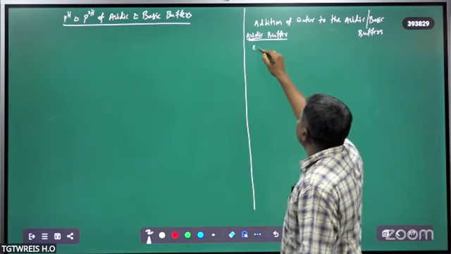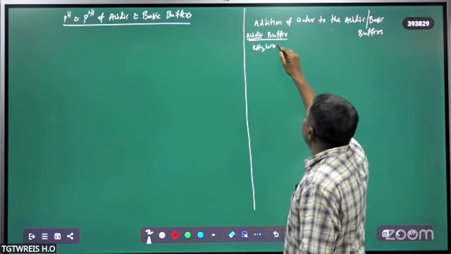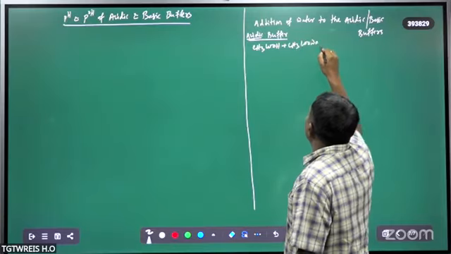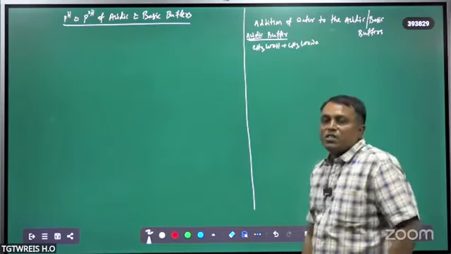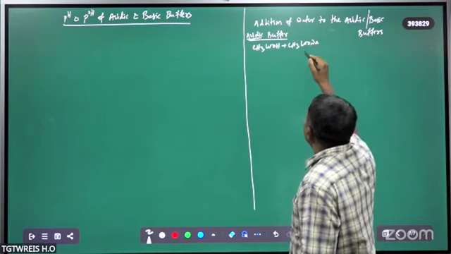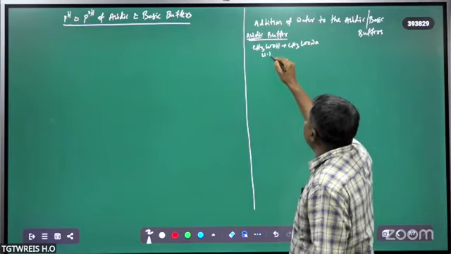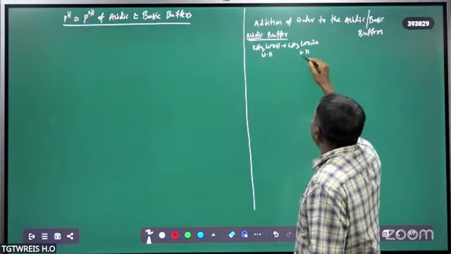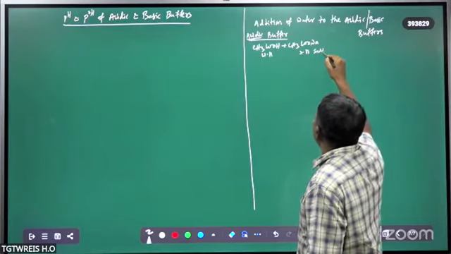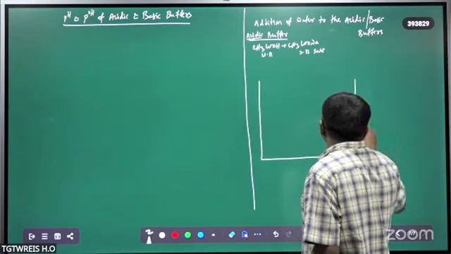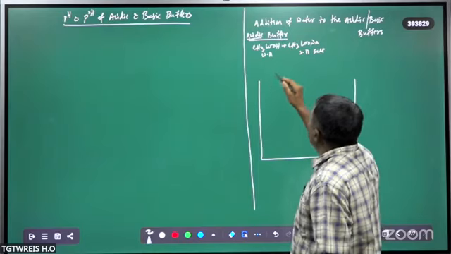Acidic buffer: CH3COOH plus CH3COONa. This CH3COOH is the weak acid, and CH3COONa is the salt of a strong base, a strong electrolyte. So what will happen in the reaction mixture on adding water?